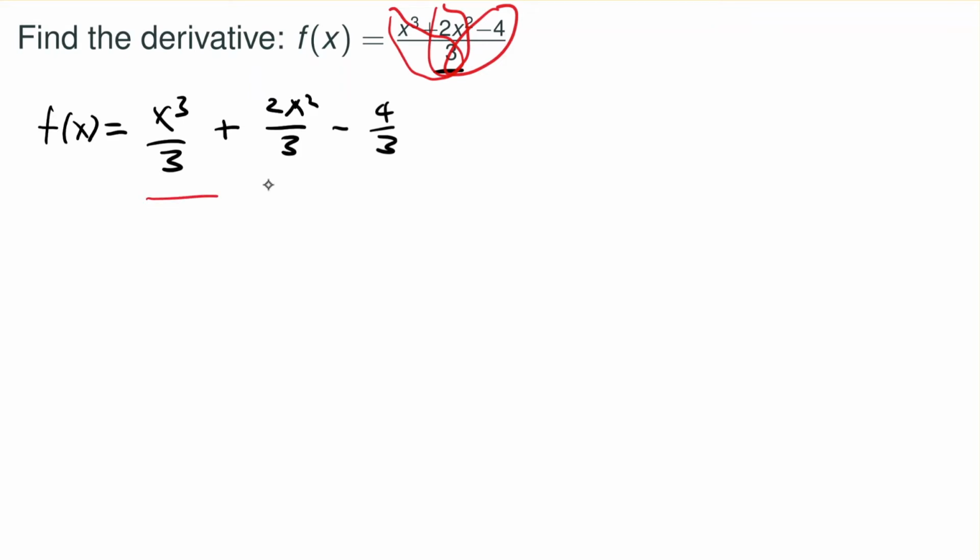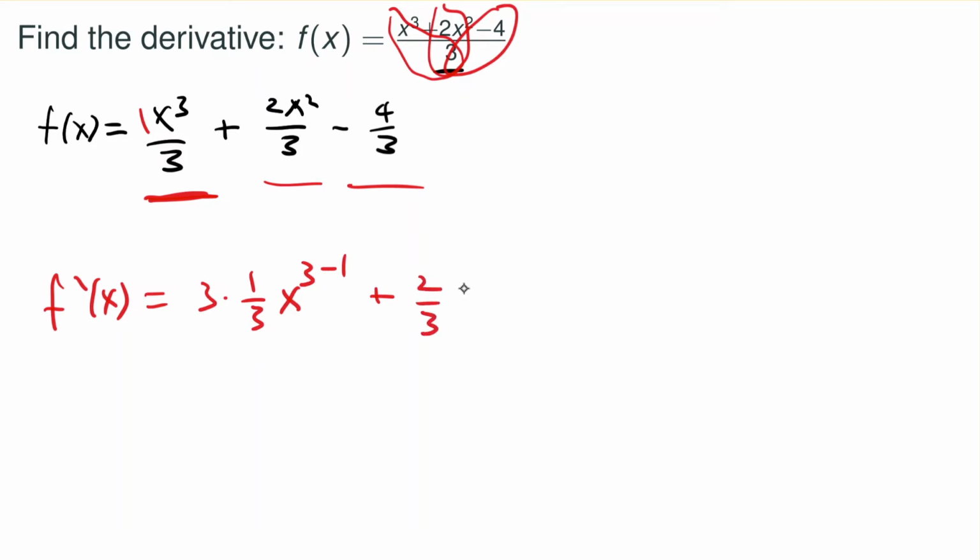So then we have these 3 terms, and we just apply the power rule to each of the terms when we find the derivative. This one right here, you can think of as 1 over 3 times x to the third. So we have 3 times 1 over 3, x to the third minus 1, plus 2 times 2 over 3, x to the 2 minus 1.